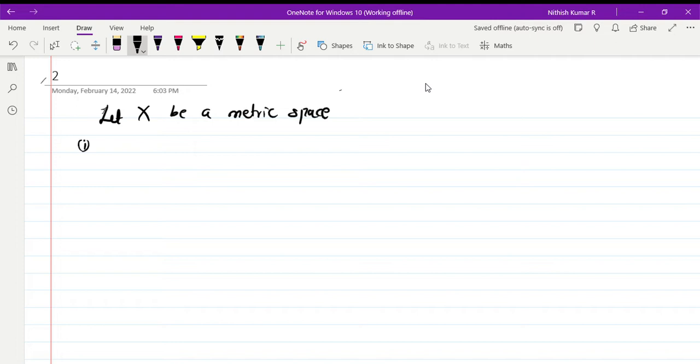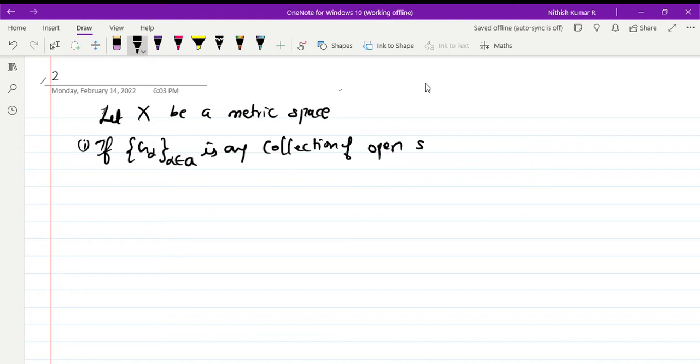If a collection G alpha, alpha belongs to A, is any collection of open sets in X, then the union of G alpha, alpha belongs to A, is open in X. So there is a set of four results. We shall see them one by one.